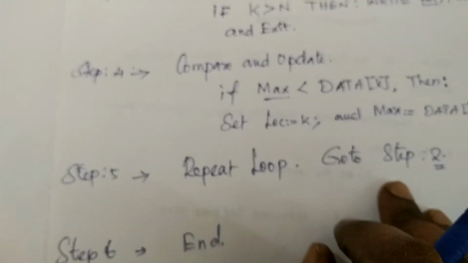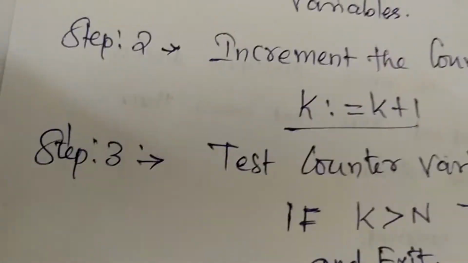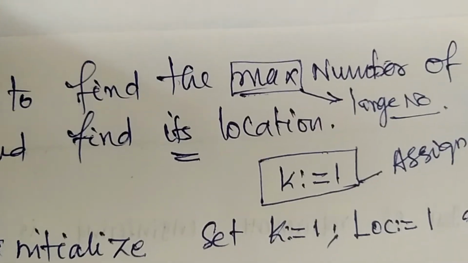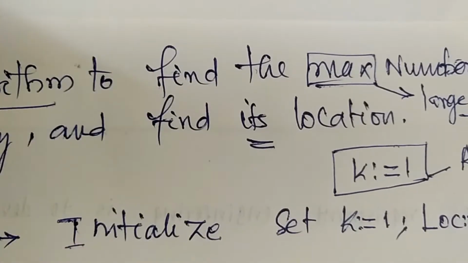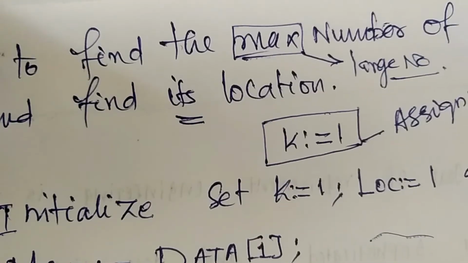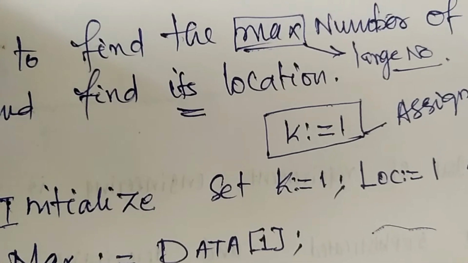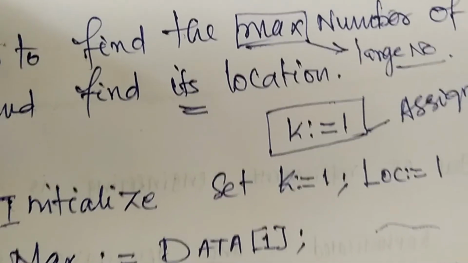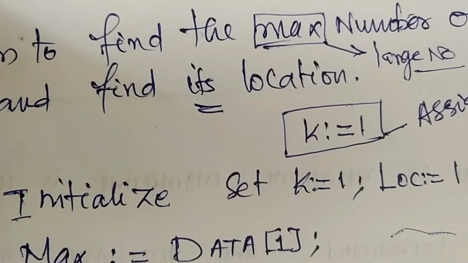Here in this example, we are giving the algorithm to find the maximum number, or largest number, of an array and find its location. We have to find the location of the largest number available inside the array.